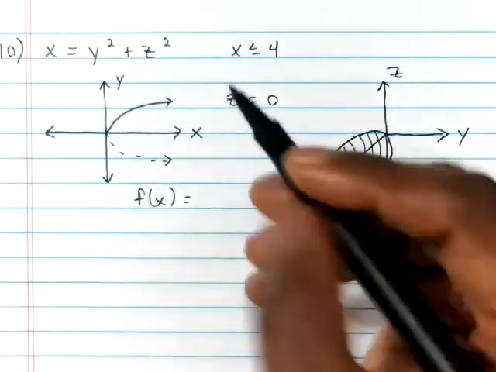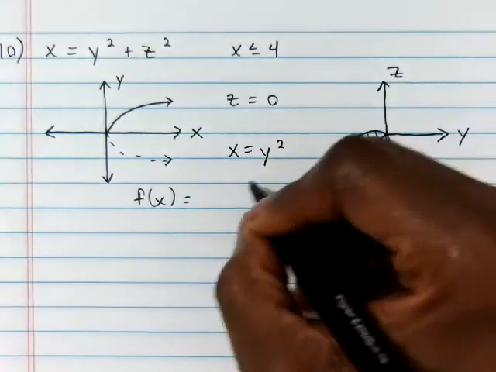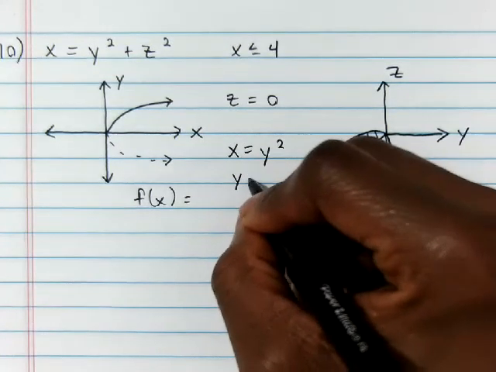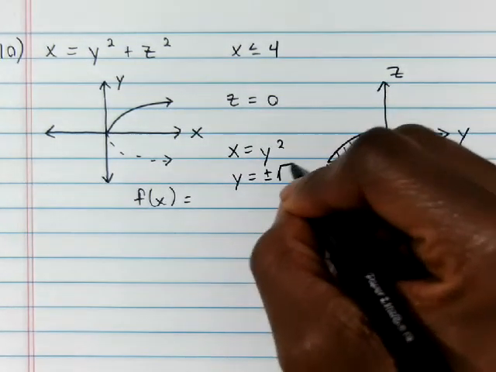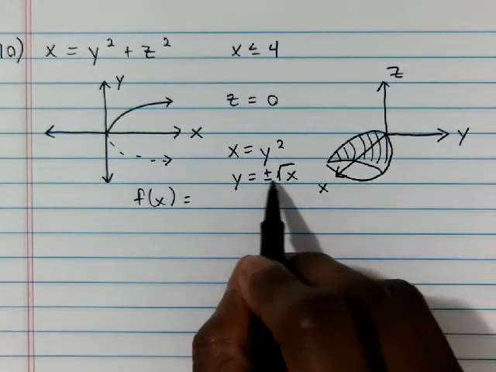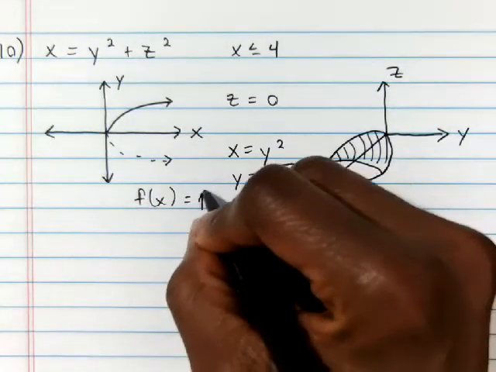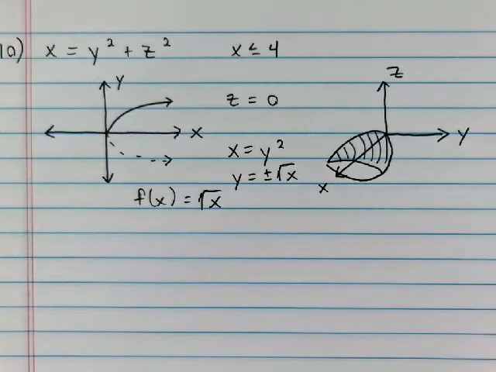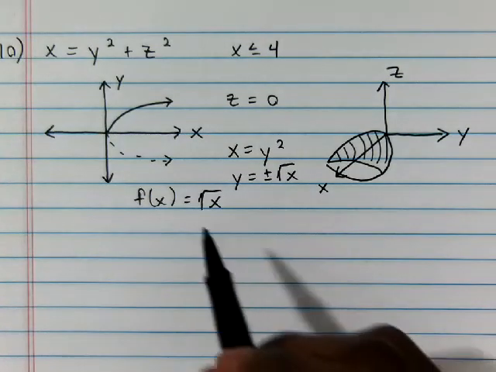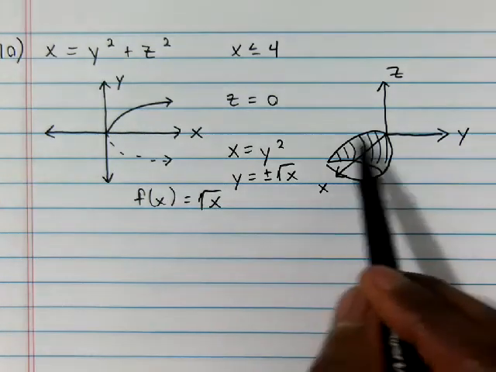If we take x equals y squared, which is what we would get there, that's y equals plus or minus the square root of x. But our surface of revolution specified that f of x needs to be greater than or equal to 0. So we're just looking at that part, and that's just going to be the square root of x. So now we can take the square root of x, spin it around the x-axis. It's going to give us this thing.